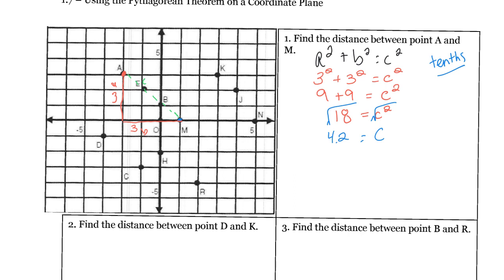So I'm just going to leave it as C equals 4.2 because we don't have any units here, and it's not a word problem, so we don't need to write a sentence. Okay, let's do number 2.